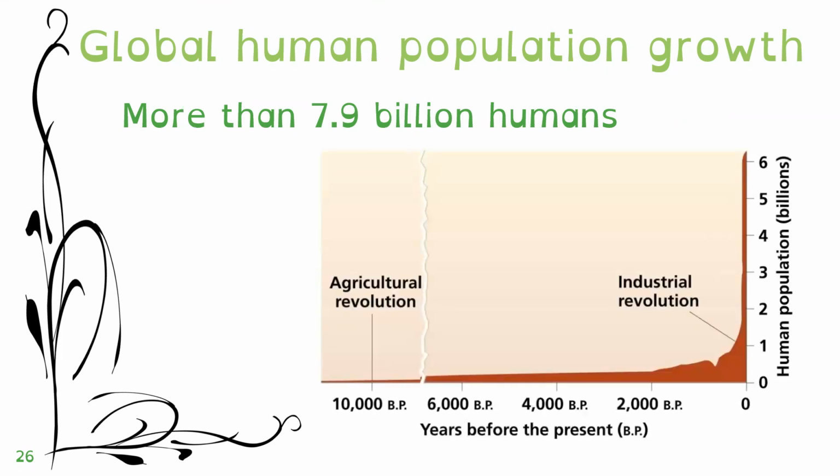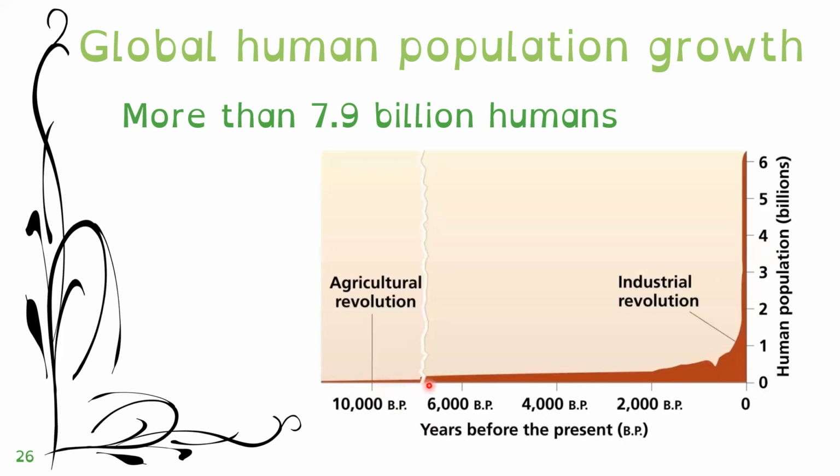So here we have a graphic that shows how many people live on the earth. Just so we can see this axis, the horizontal axis is the years before present. So 10,000 years before present, we had an agricultural revolution. So we started growing food and being aware of that. And then that started to increase our population.